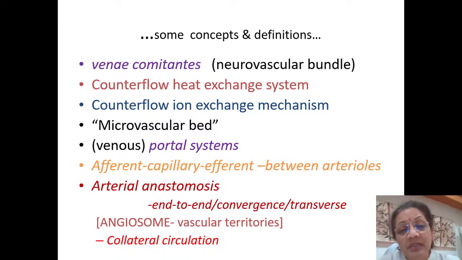Then sometimes the opposite also happens, especially in the kidney. We will see that there will be a capillary network. We expect that the incoming blood is oxygenated and the outgoing blood is deoxygenated. That's the whole purpose. But sometimes the afferent incoming blood is arterial, and the outgoing blood is also arterial, which means an artery has broken up into a capillary system, and the efferent from this capillary system is also entering an arteriolar system.